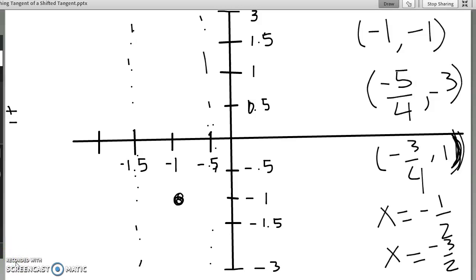So negative 5/4 we'll say is about right here. And then negative 3 is right here. So we'll plot one point right here. Negative 3/4 and 1. We'll say that negative 3/4 is right here, and 1 is right here. And so we have something that looks like that. I know my drawing isn't perfect, but hopefully this helps.